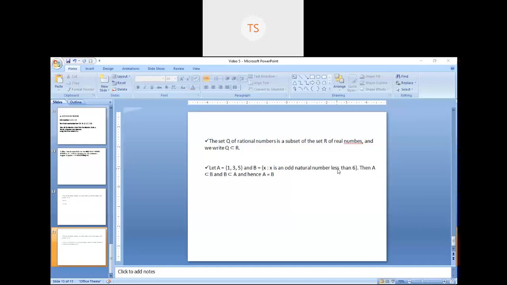Then we can say that capital A is a subset of capital B as well as capital B is a subset of capital A. So hence, if capital A is a subset of capital B and B is a subset of capital A, we can write that capital A equals capital B. Okay, then the two sets are equal. So this is the definition of subset.